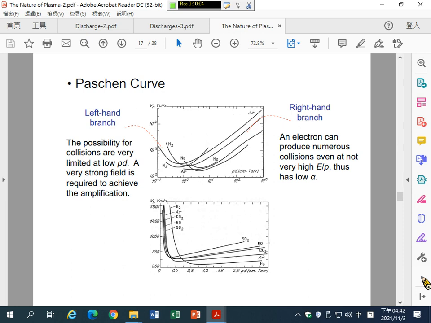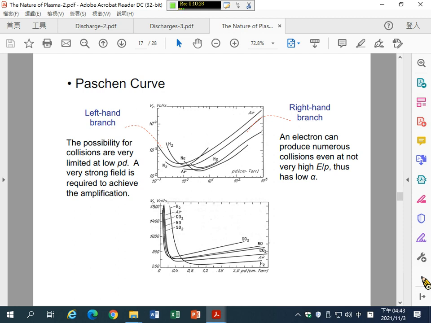Okay, and you can give a brief look. The minimum voltage required to generate plasma falls in this region, so it's about 1 to 10 centimeter torr, right here.